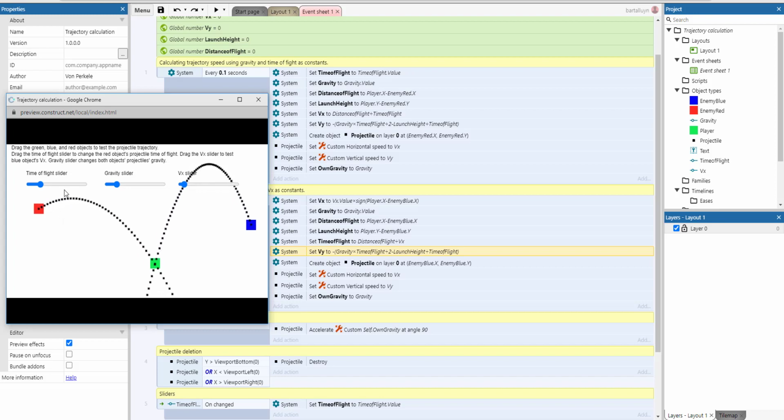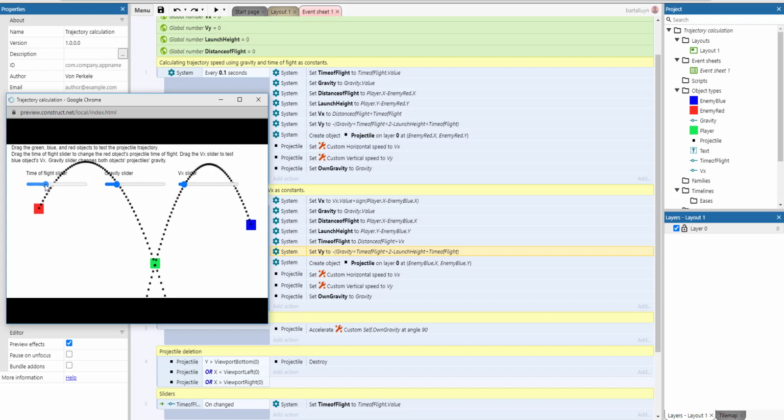So let's see how they control the projectiles in the trajectory here. The time of flight is actually the time it takes for a projectile to come from the enemy towards the player. So if we set it to a higher number, the projectile will be launched at a steeper angle, so it takes longer for the projectile to hit the enemy.